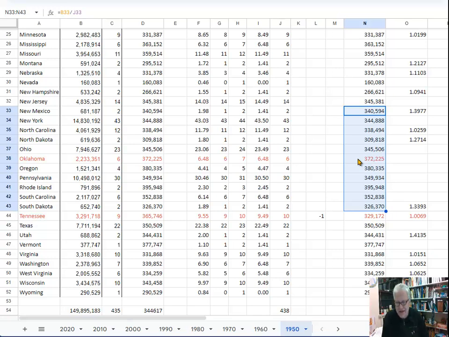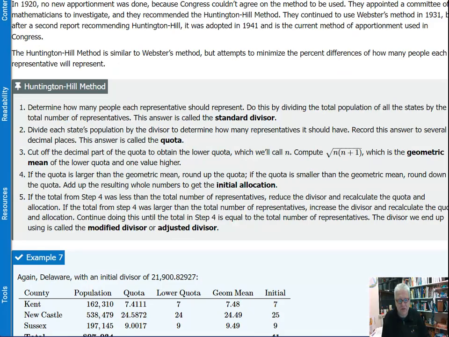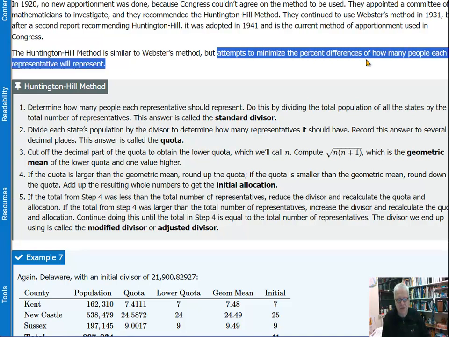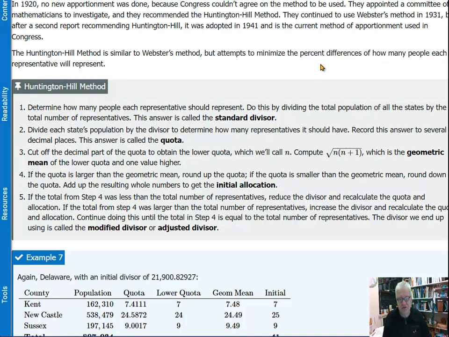And yeah, unfortunately, Oklahoma now has a relatively large number of people per 1 representative. And that goes back to, let me see if I can find this one here. It's just one here where it says attempts to minimize the percent difference for how many people each representative will represent. Minimize the percent differences between the states. So the number of people per representative.